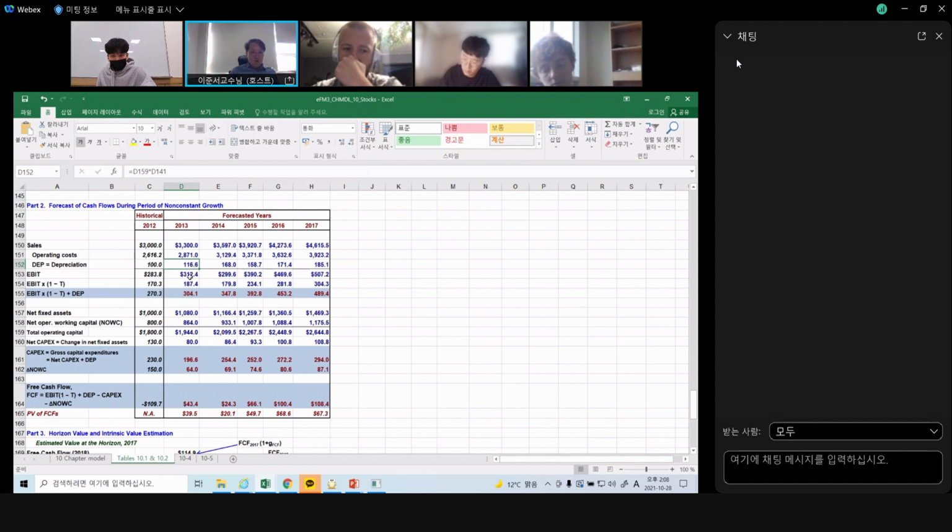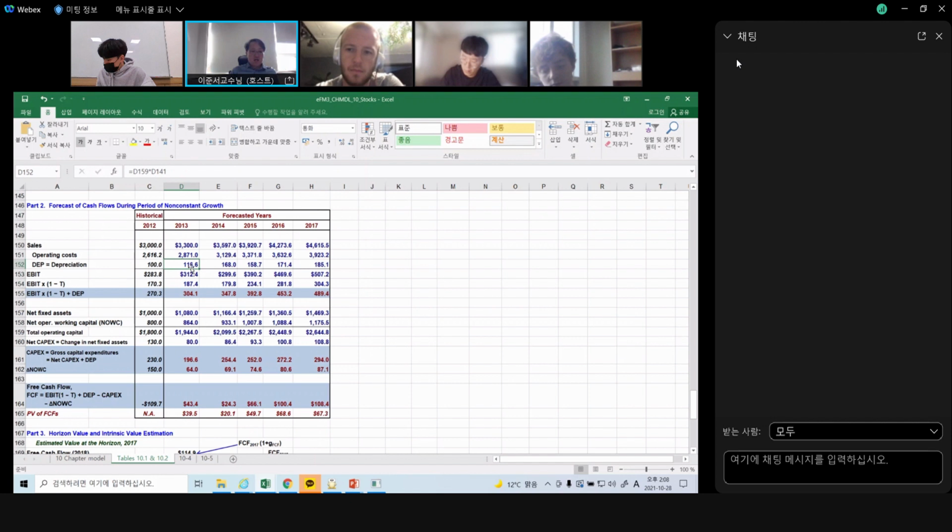So we need to pay tax, so we take the EBIT times 1 minus T, and then we need to add back depreciation because from the point of view of cash flow, this 116.6 is not associated with a cash outflow, right?